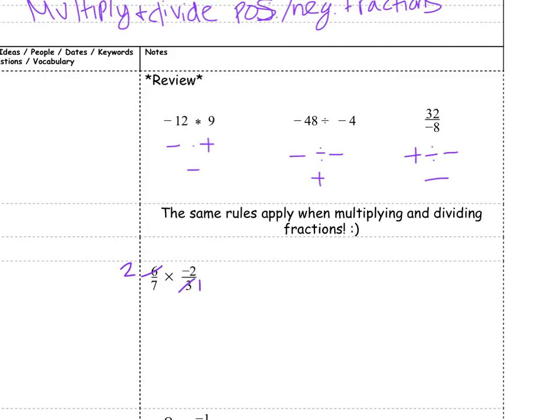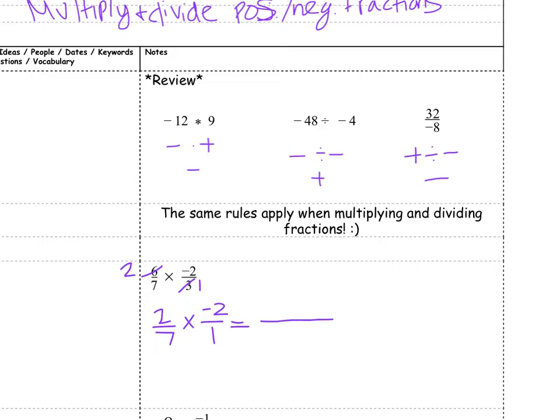So now my new fractions are going to be 2 sevenths times negative 2 over 1. There, that looks a little bit less scary. So now, like we did in the review up above, when you have negative 12 times 9, you're just multiplying from left to right. So that's what you do when you have a fraction. You start at the numerator and you just multiply left to right. So I'm going to start at the 2.